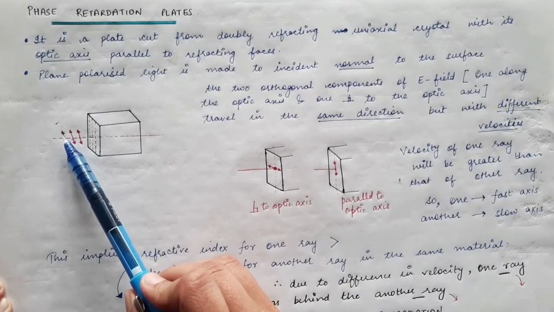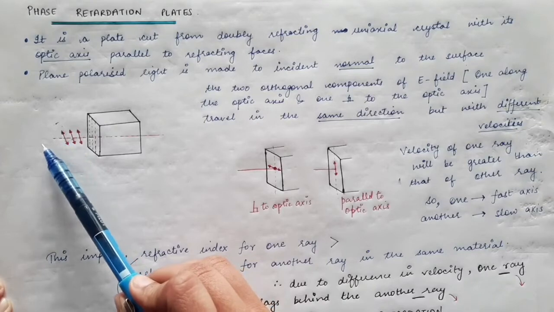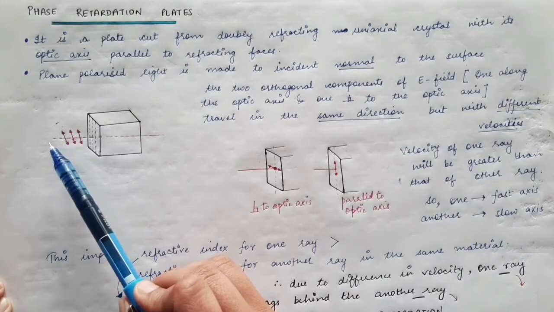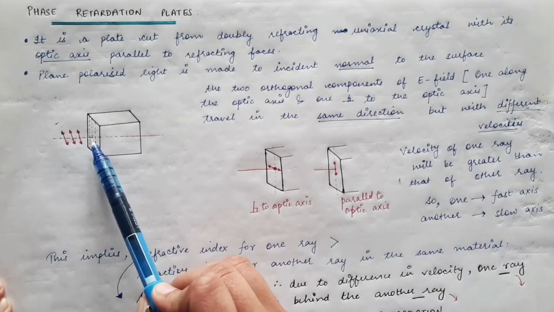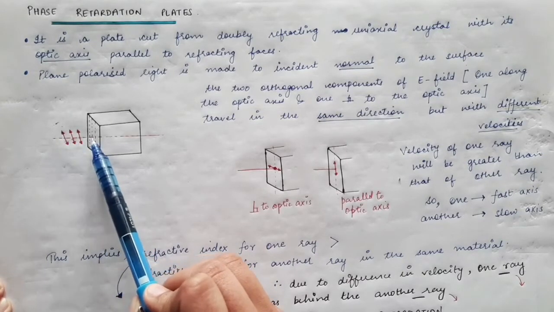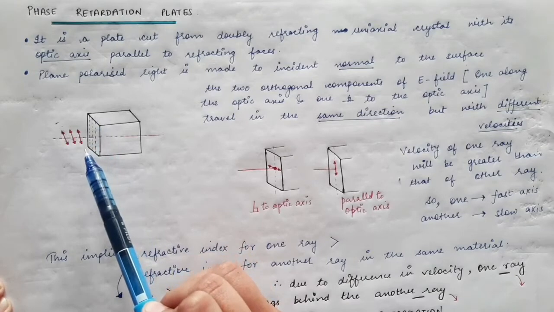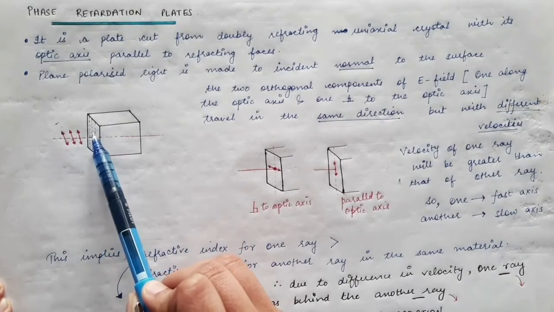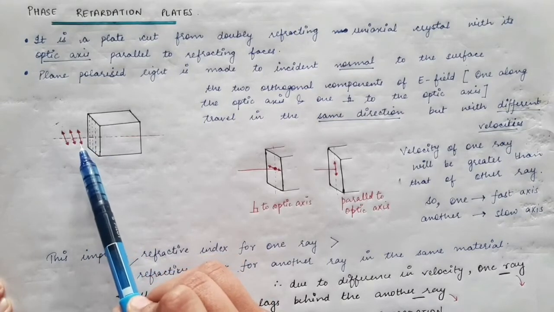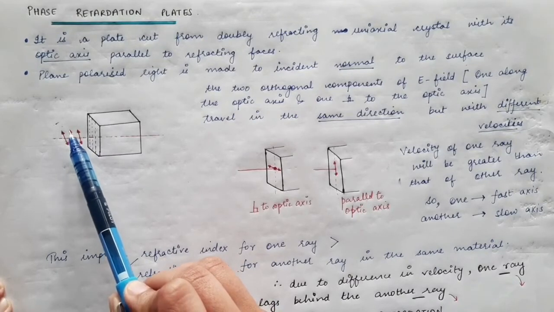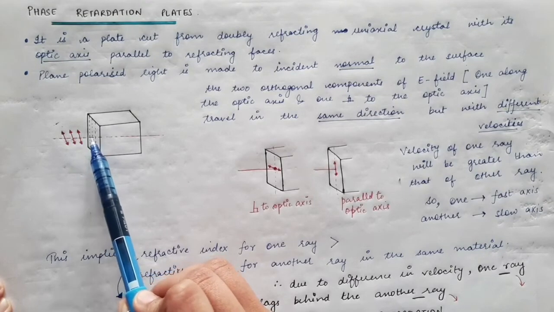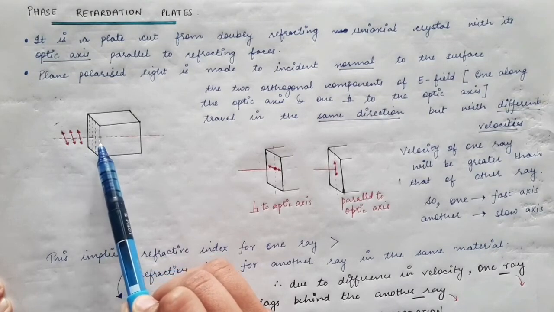And keep in mind, the electric field vibrations will always be perpendicular to the direction of propagation of light, and we make this incident light fall on the refracting face normally. So they make 90 degrees with the optic axis, and these electric field vibrations occur in a single plane. I have shown over here the incident light whose electric field vibrations make a certain angle with the optic axis. They are not parallel to the optic axis, but make a certain angle with it.